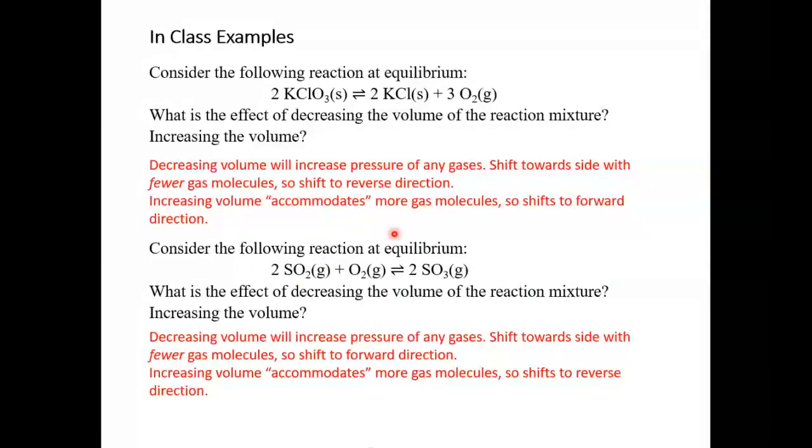Decreasing the volume causes this to shift to the right, forwards. Increasing the volume would cause the exact opposite, right? Again, if they are the same number of moles, then there's no shift, but that's the only special case.